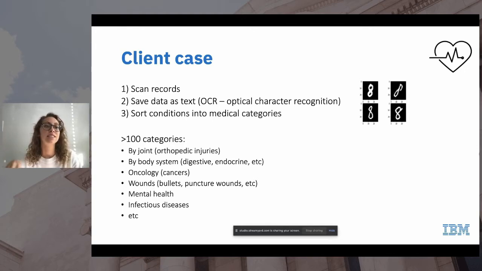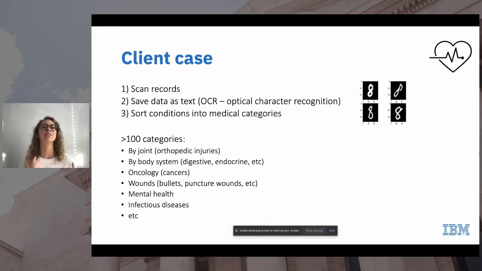Once we have this text saved, our classification task, which is what I'll focus on, was to sort the conditions into medically relevant categories for processing downstream in their system. So therein lies the first challenge, which is that we had over 100 medical categories that we needed to be able to sort cases into. We know that your joints are orthopedic injuries or conditions, but each joint has its own specialist.